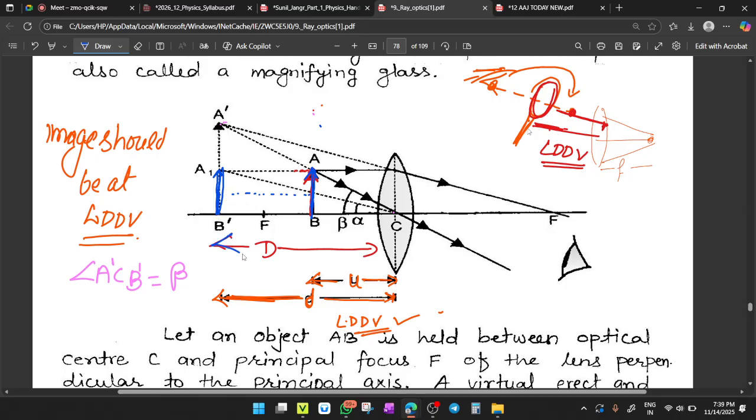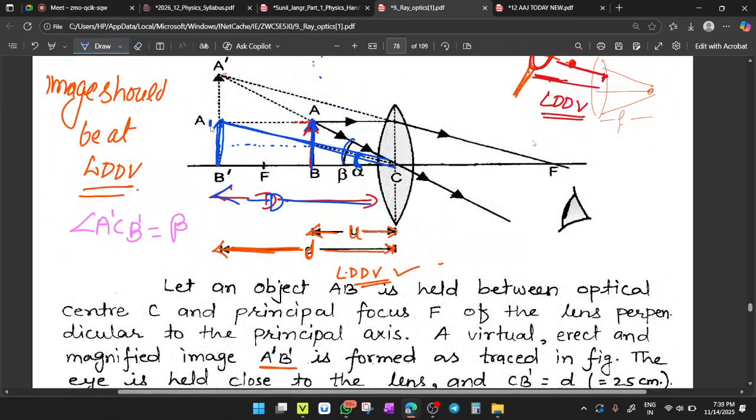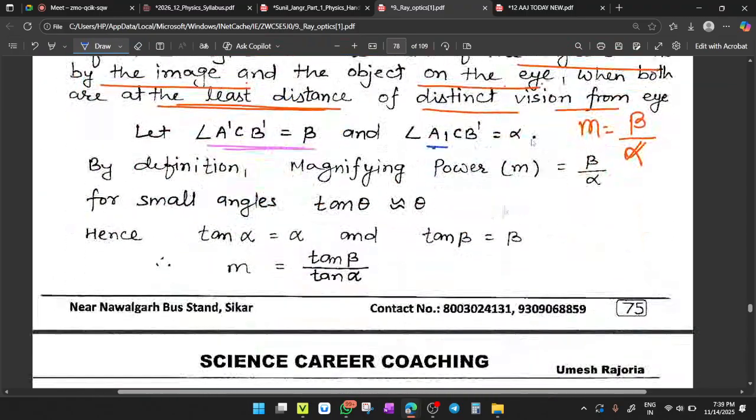Now your object is at the least distance of distinct vision, and it makes an angle alpha. This is the smaller angle. So beta is the larger one and alpha is the smaller one. So A1 C B' equals alpha.